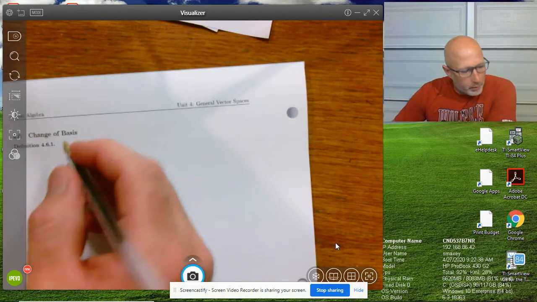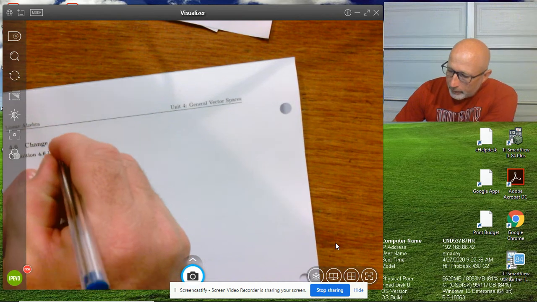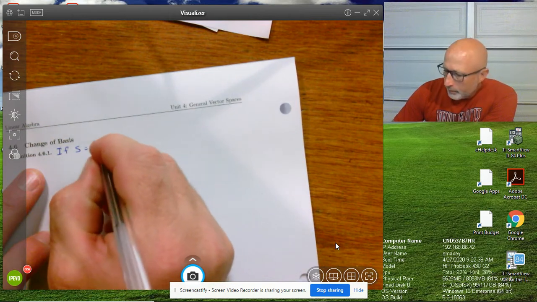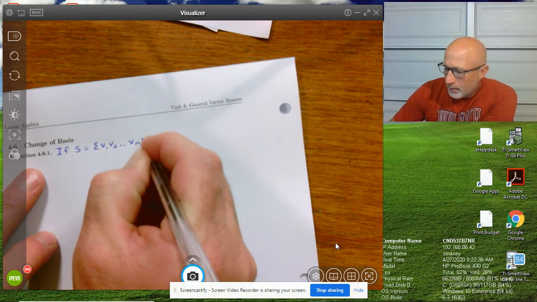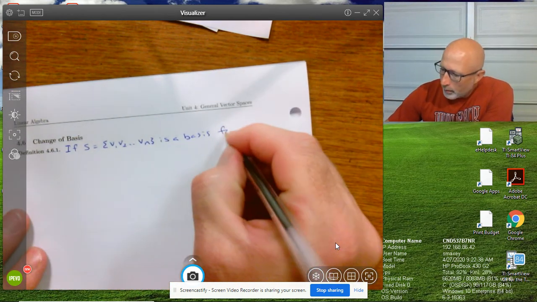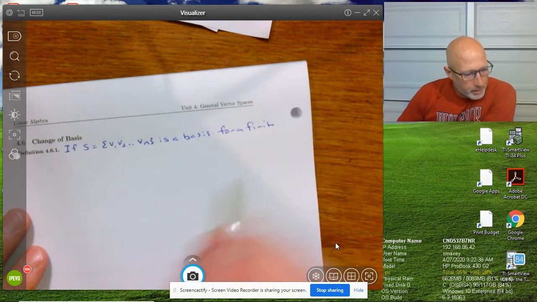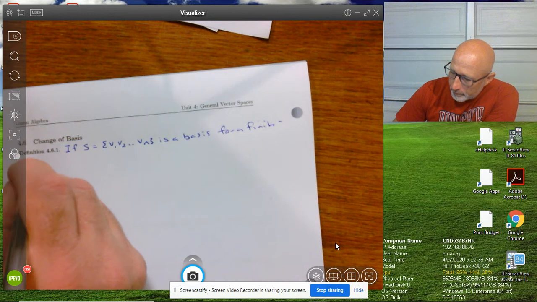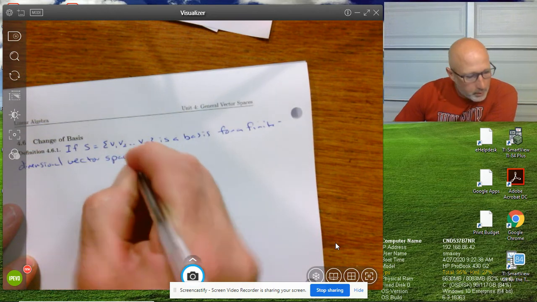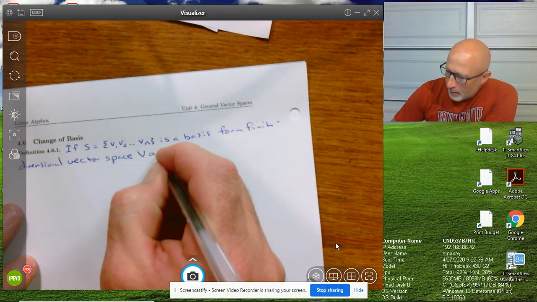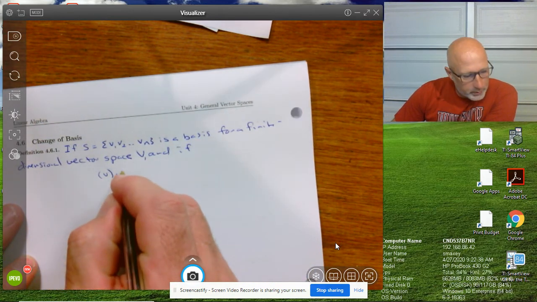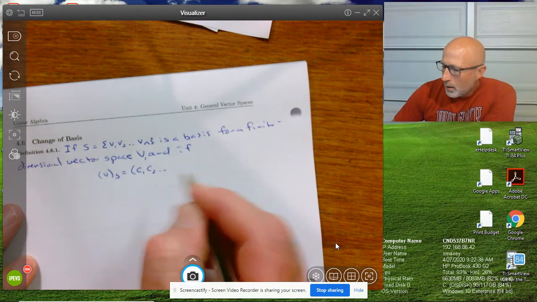Okay, so definition 4.6.1. If S is the set V1, V2, all the way up to Vn, a basis for a finite dimensional vector space V, and if we have V under S, which is given as C1, C2, all the way up to Cn.